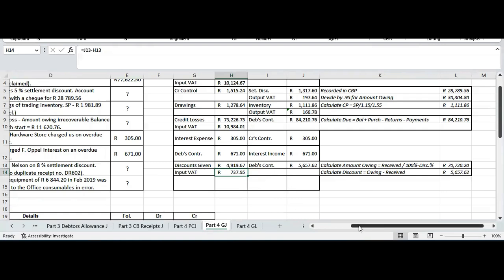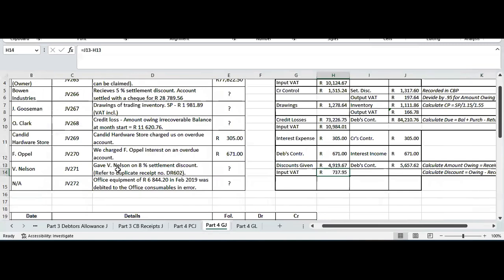Okay, two amounts make up the 5,657. Now we can go and look at our last transaction here, and it says office equipment of 6844 in February 2019 was debited to office consumables. Okay, so what do we know?